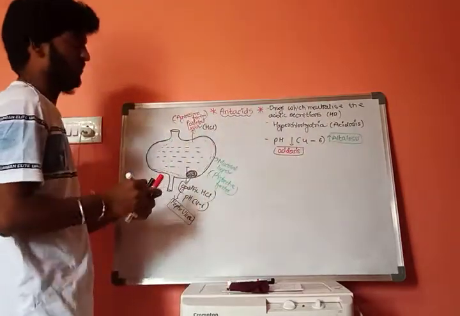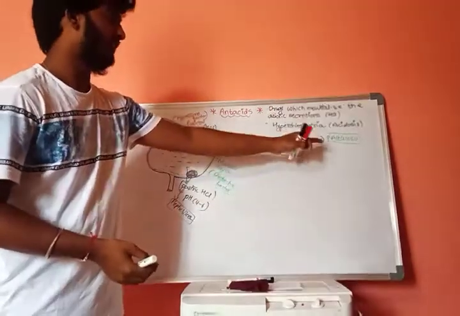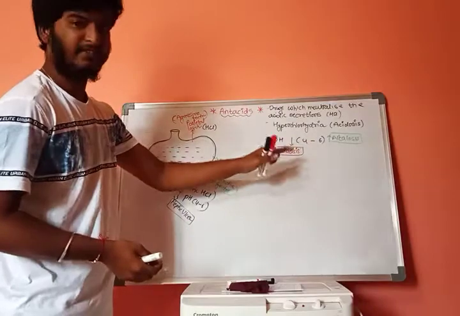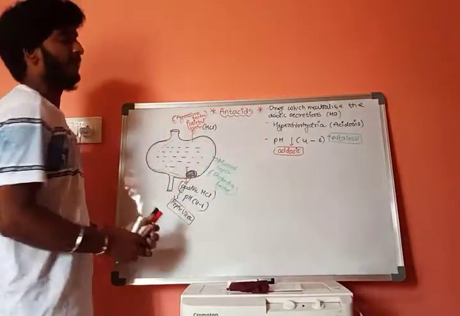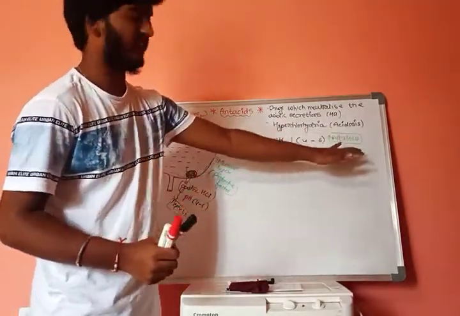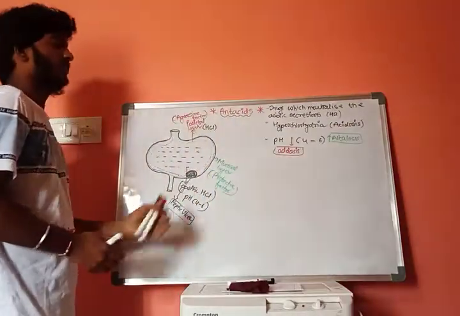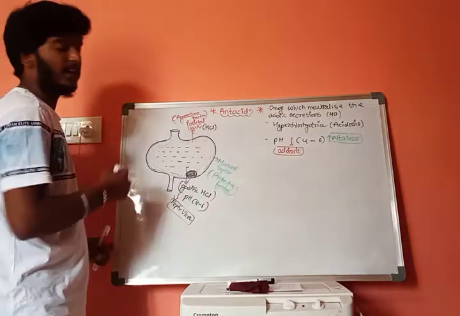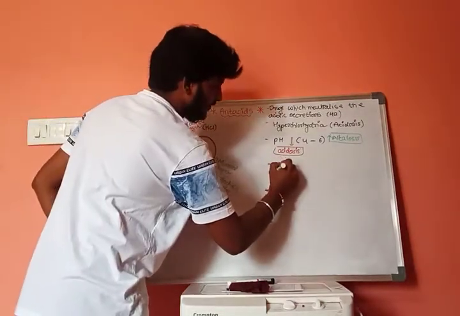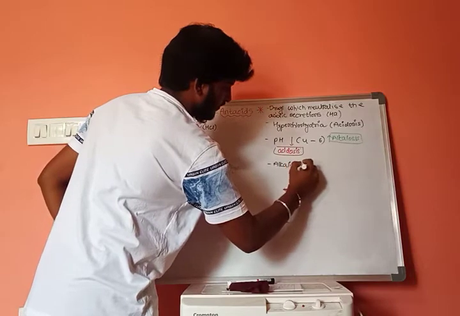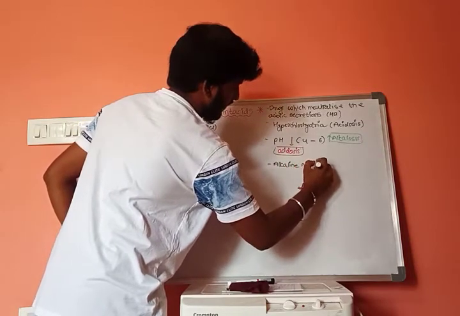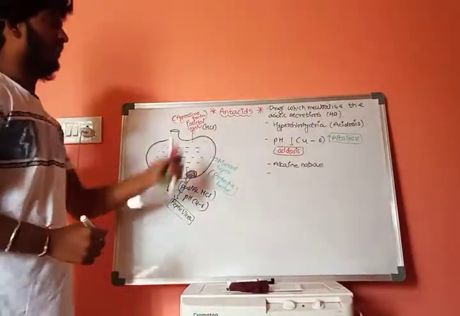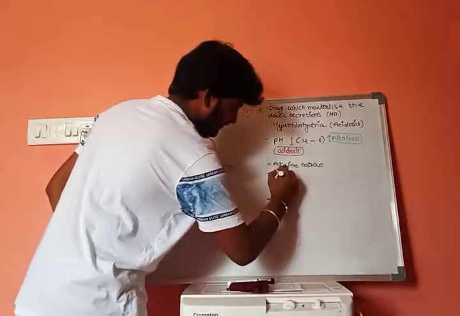So in the normal range between 4 to 6, if the pH value is less than 4 it results in acidosis, and if it is more than 6 it results in alkalosis. Now, these antacids are alkaline in nature, and these antacids help in relieving pain.